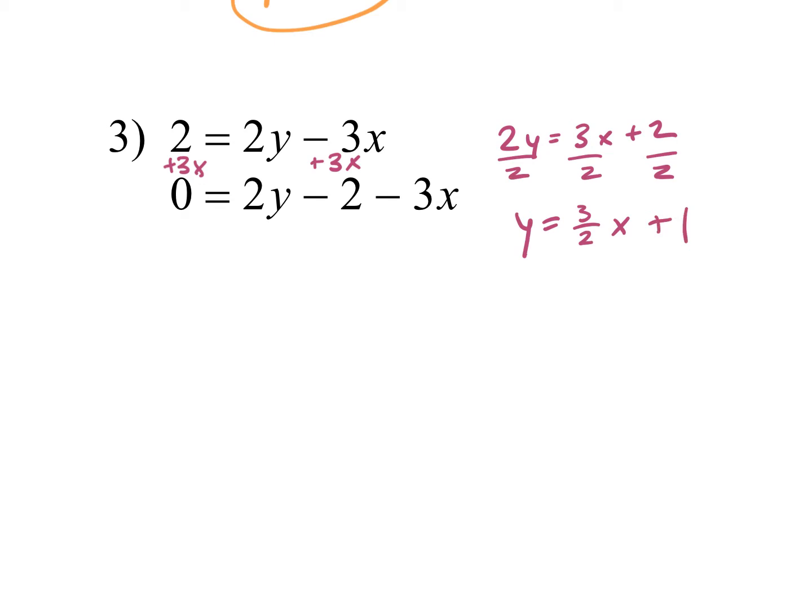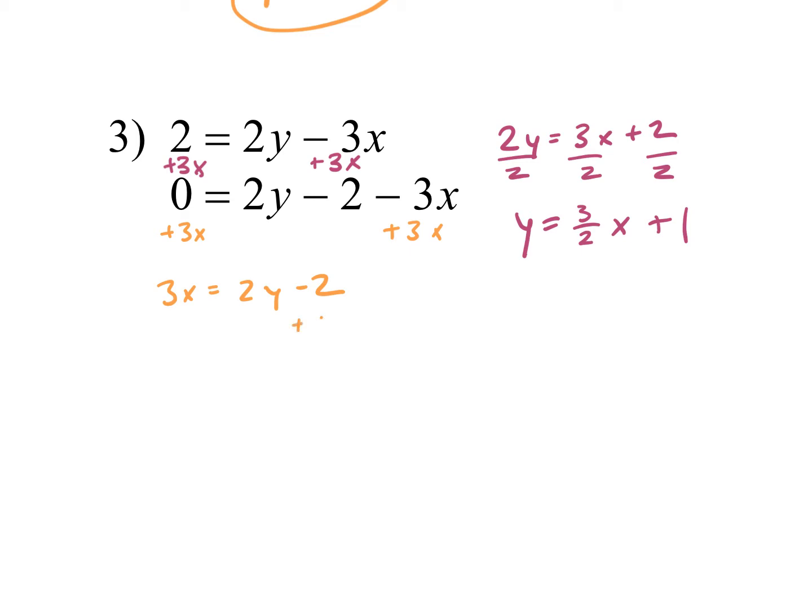In the second one, what should I do first? I can add 3x. So I have 3x is equal to 2y minus 2. What should I do next? I need it to be y equals.